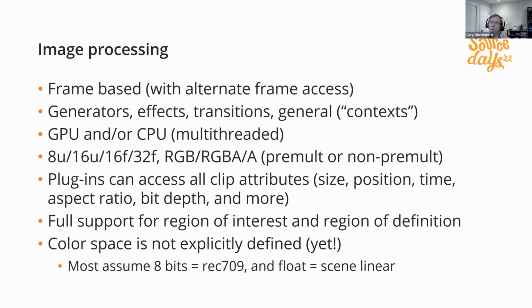That's an area that we're working on now, in fact. So currently most plugins and hosts assume that the 8-bit and 16-bit integer formats are Rec 709 or Gamma 2.2, and anything floating point is some kind of scene linear. But that's an area that we're actively thinking about now.